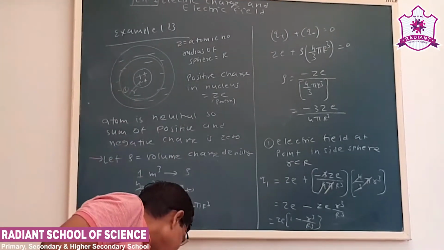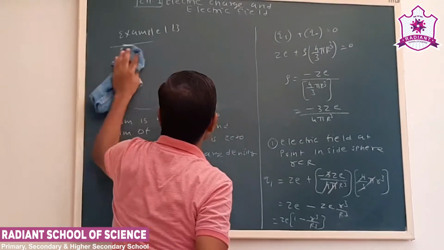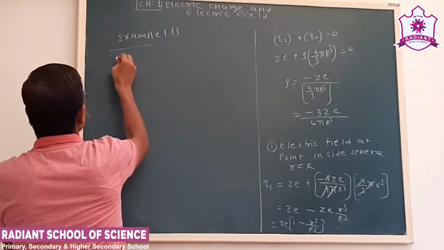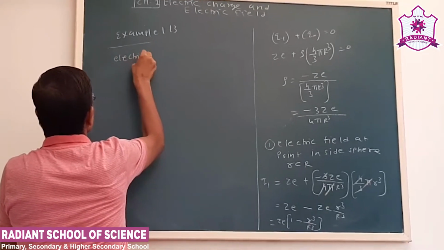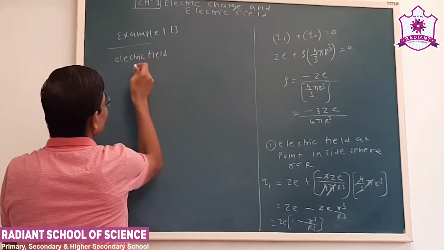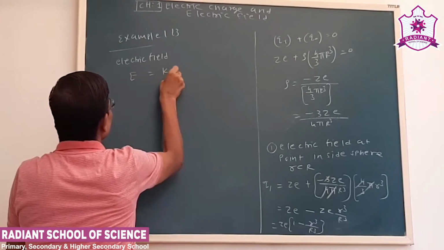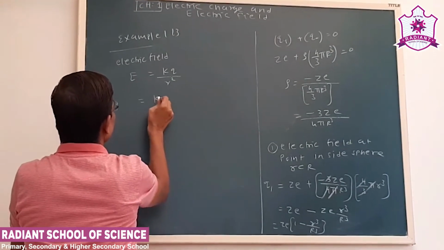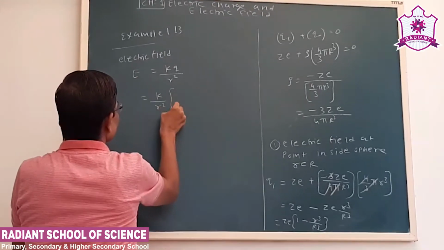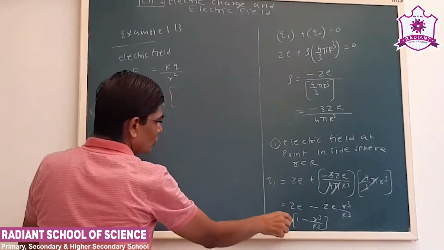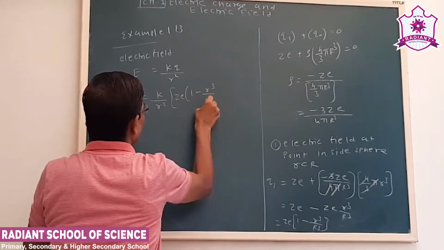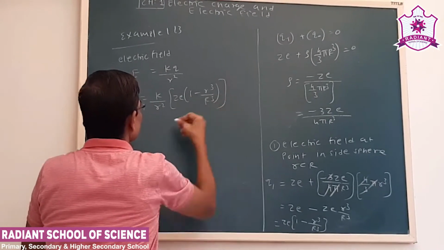Now see the electric field. E is kq by r square, that is k upon r square. The Q value is Ze into 1 minus r cube upon R cube.